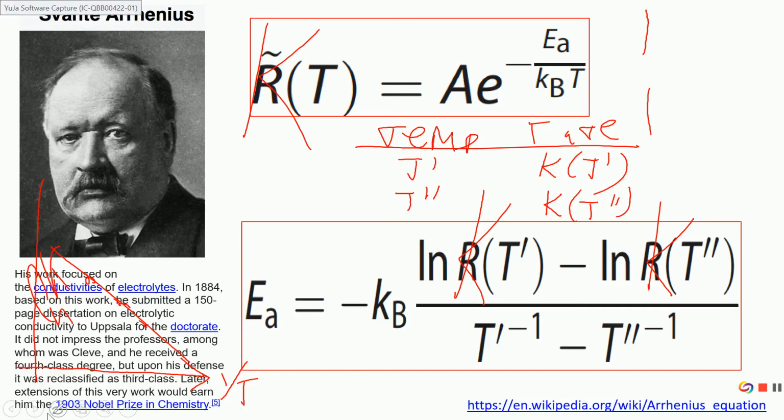Yeah. And it will be minus logarithm A minus logarithm A, and it cancels. Is that a constant? Yes. If you want to reproduce the rate back out of these parameters, you need it. But if you just need to extract activation energy, it won't matter.